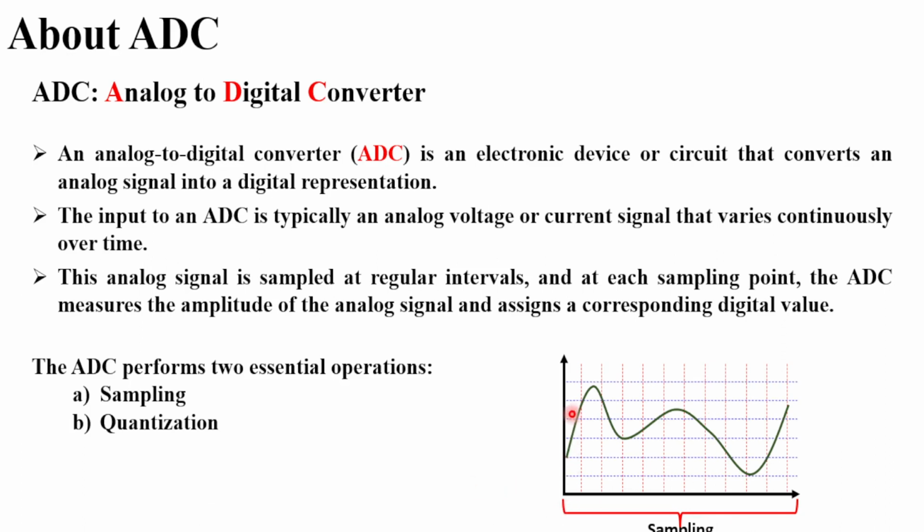Whereas if we divide the y-axis into smaller values, then we call it quantization. So remember, sampling is always done in the x-axis, which is generally the time, and quantization is done in the y-axis, which is generally voltage or current.